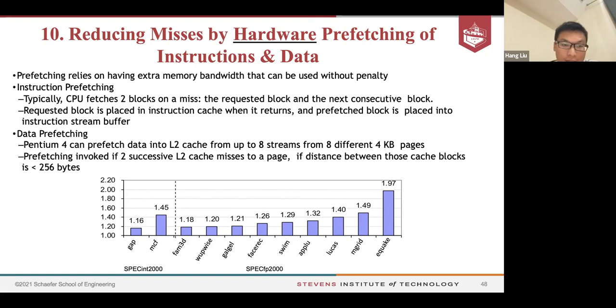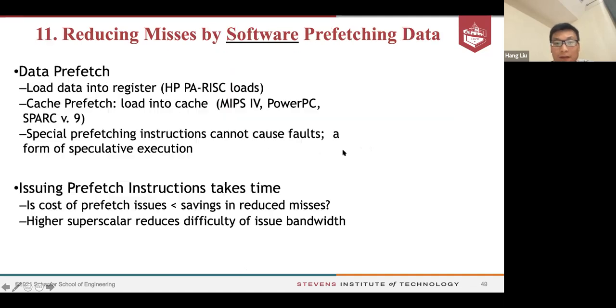Pentium can prefetch data into the L2 cache, up to 8 streams from 8 different 4K pages. Prefetching is invoked if there are 2 successive L2 cache misses to a page, if the distance between those cache blocks is less than 256 bytes.